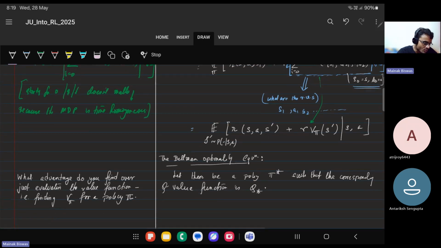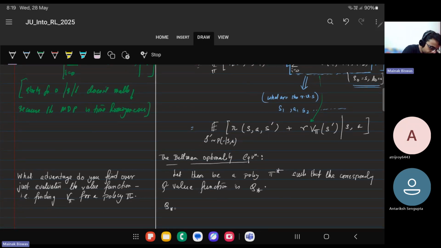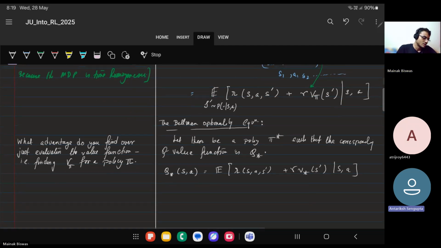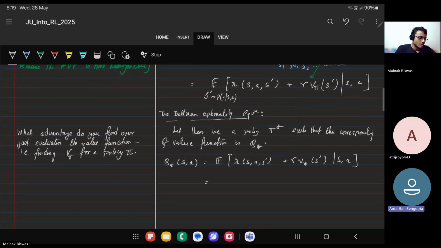So therefore, what can I write Q star to be? I can first write Q star of S, A to be the expectation of reward of S, A, S dash plus gamma V pi star of S dash, and then I can write V pi star of S dash as the max of Q pi of S dash, A dash. So this is fine. I just replaced pi with pi star. This is step one.